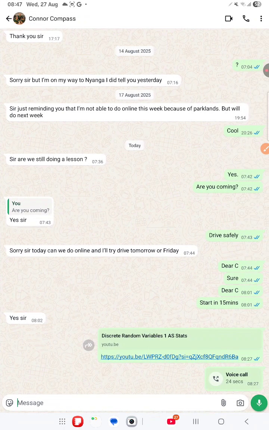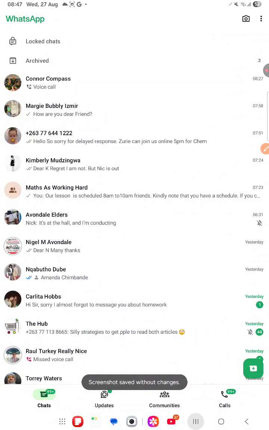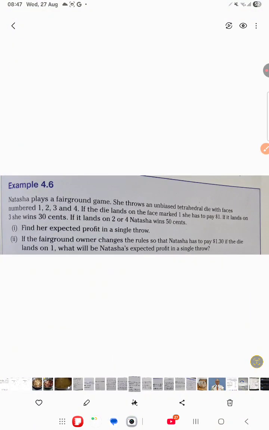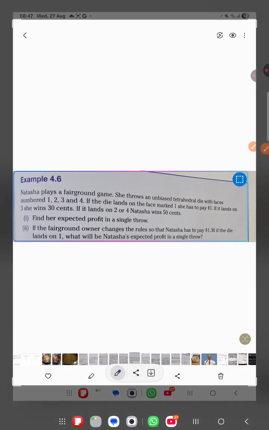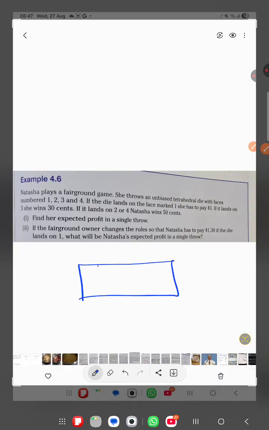So now expectation. Sorry, now I've lost it. Where were we with our table here? Where X is profit and probability of X is at the bottom. And we said we could get $1 minus $1, so minus 1.